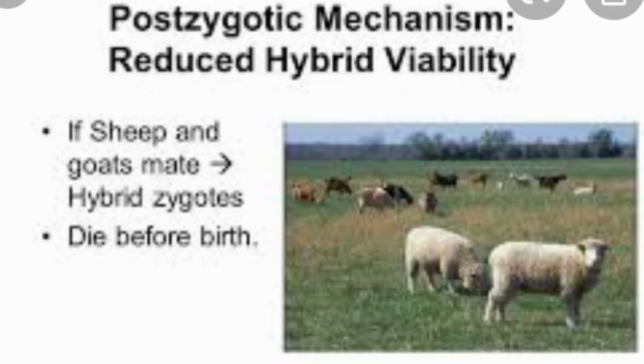You could also say it refers to the lower potential for survival of an organism whose parents have incompatible genetics, mostly because these parents mated while being different species. Even though they're different species, they still mated, but their genes are incompatible. So the baby is not going to survive, either before it's born, like stillborn, or shortly after birth. That is reduced hybrid viability.